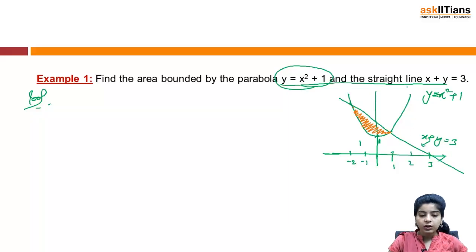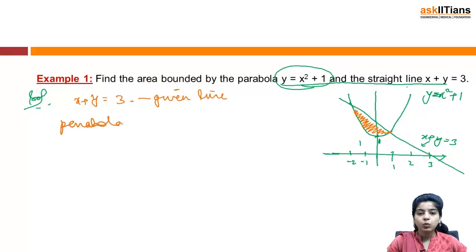So first of all, in any such question, what should be your line of action? Firstly, you will find out the points of intersection. How do you do that? The line is x plus y equal to 3, the given line. And what about the parabola? Parabola is y equal to x square plus 1.